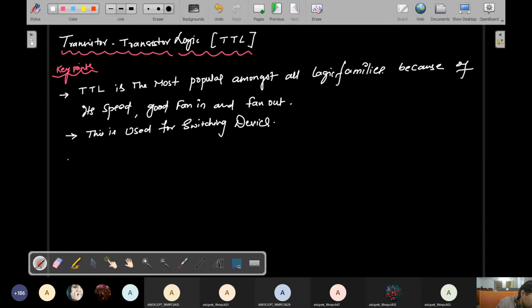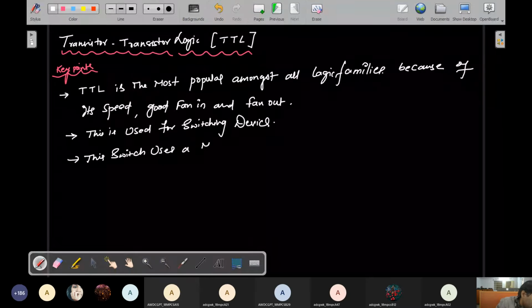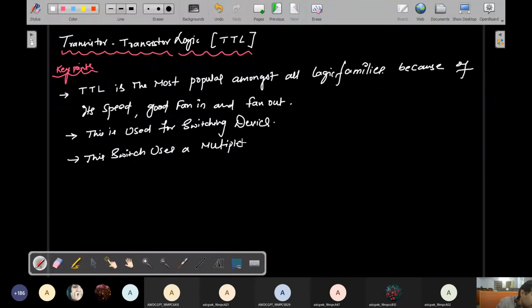This switch uses a multiple emitter transistor, which can be easily fabricated.